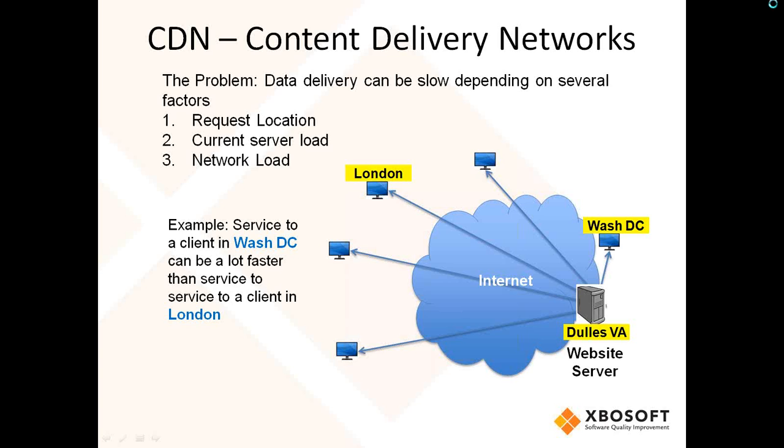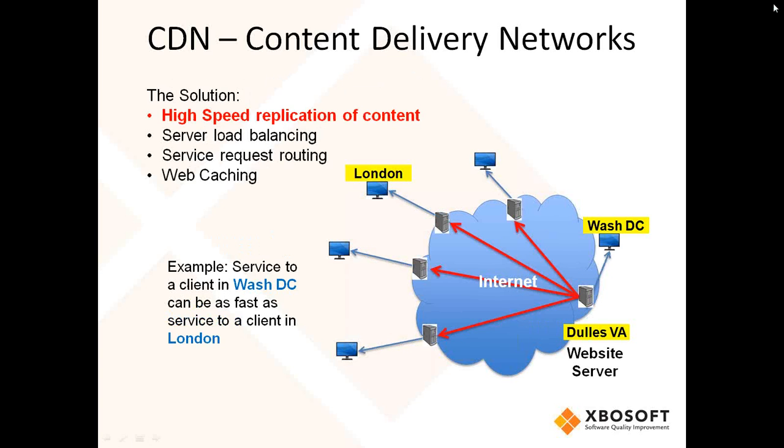However, with a content delivery network, you can replicate the data on your website, and send it with automatic replication to many other servers around the net, so that you're on a server on the boundary of the internet, very close in proximity to whoever is requesting your content.